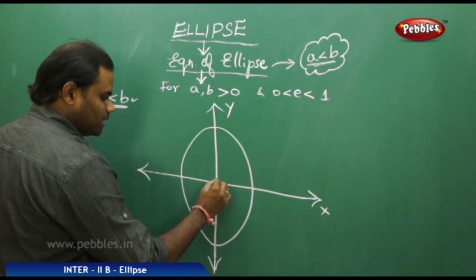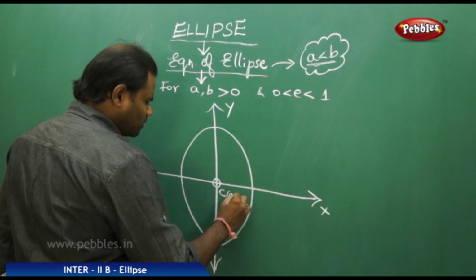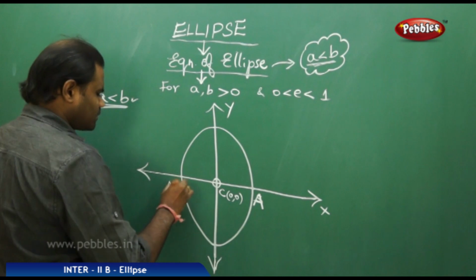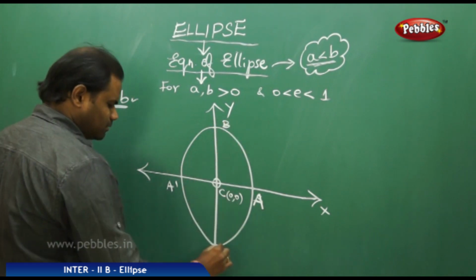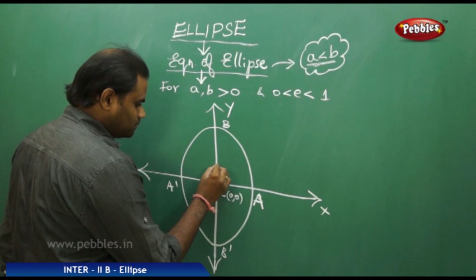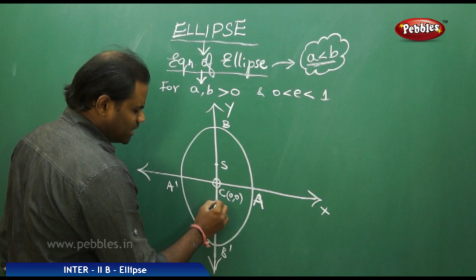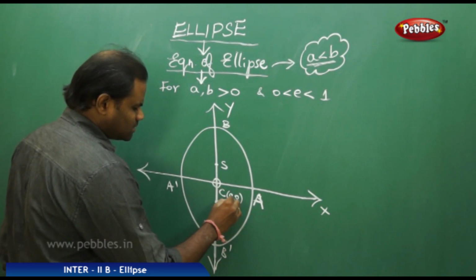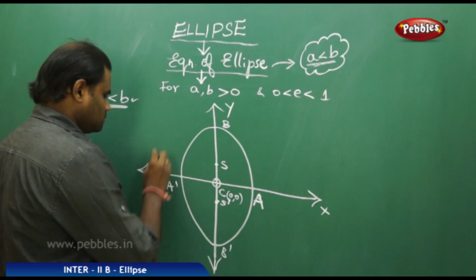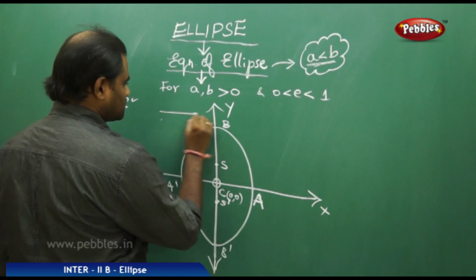Now the center of the ellipse is this, which is 0 comma 0, and this is a dash and b dash. My focus shifts here and my S dash also is here, and then we have the directrix.